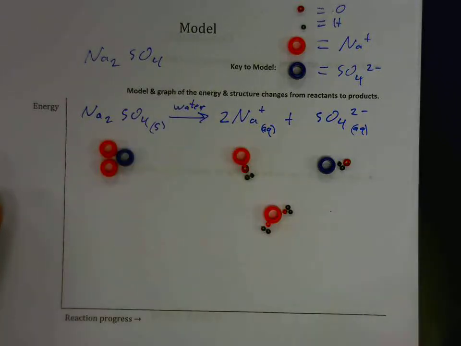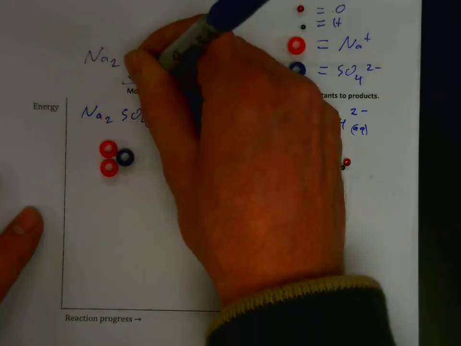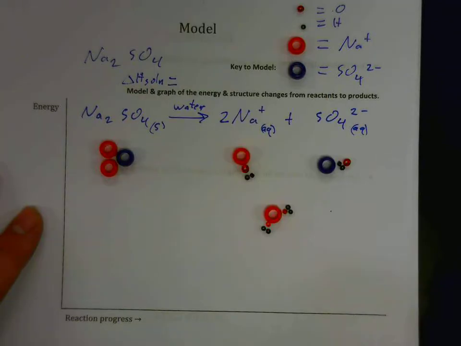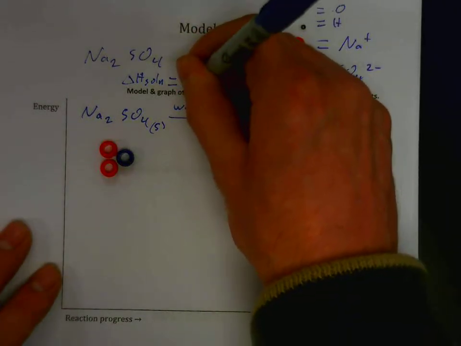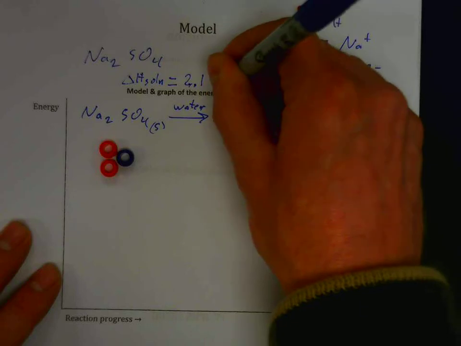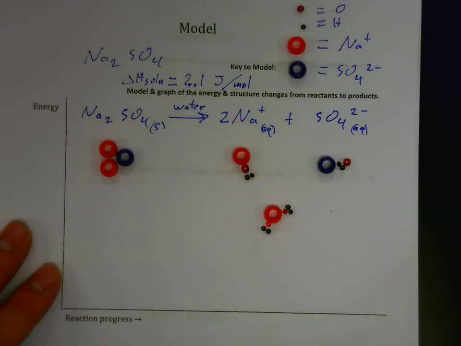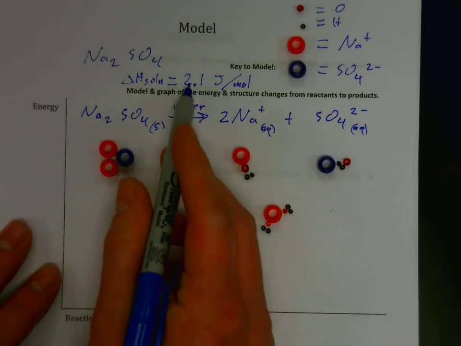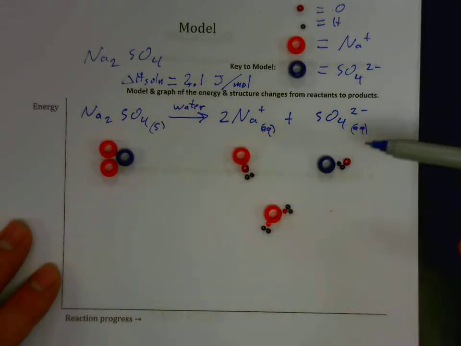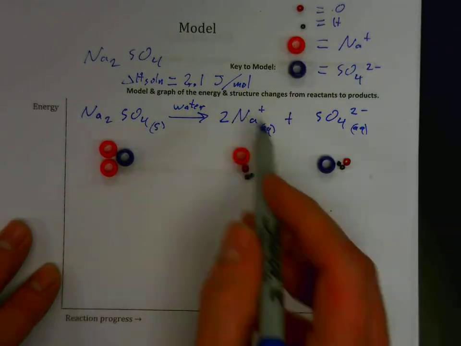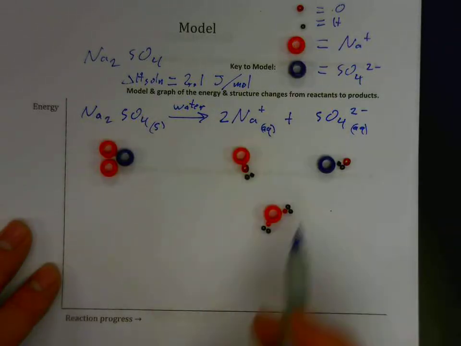Now this was not a salt that we did, of course, so the enthalpy of this process, the heat of the solution, is 2.1 joules per mole. So that energy, since it's a positive sign, it means that the energy is going into this process, or we could say it's an endothermic process.